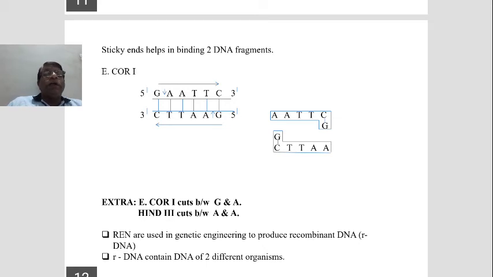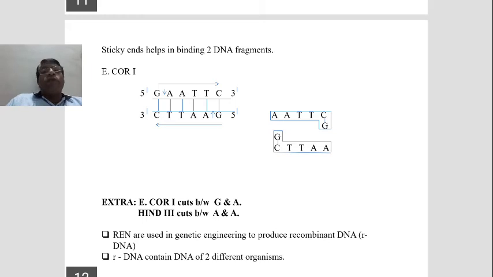In the lower strand AATTGC. So this is how the enzyme functions. For example, EcoRI cuts between G and A nucleotides.